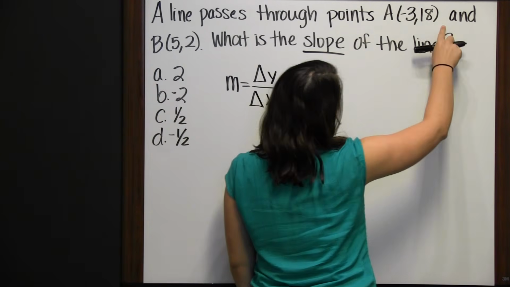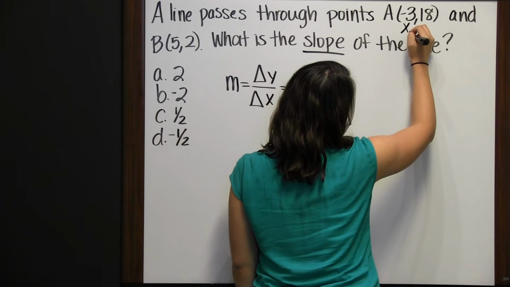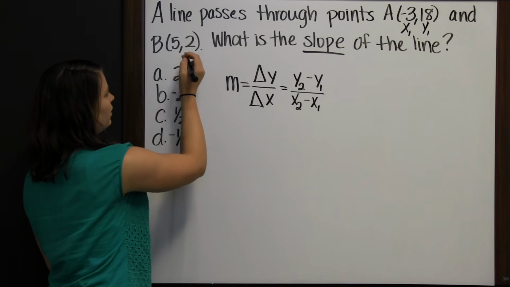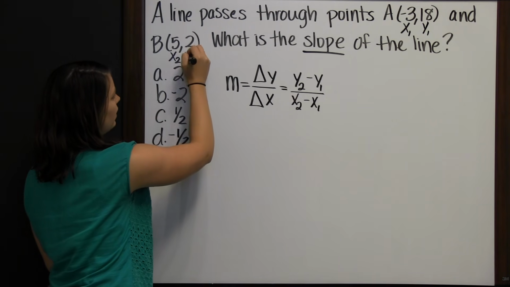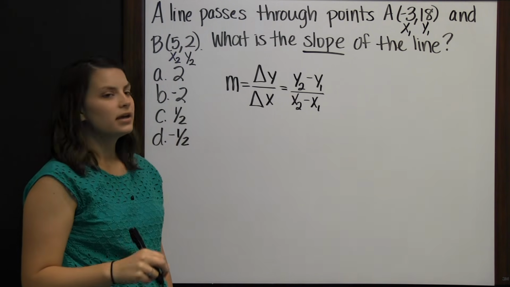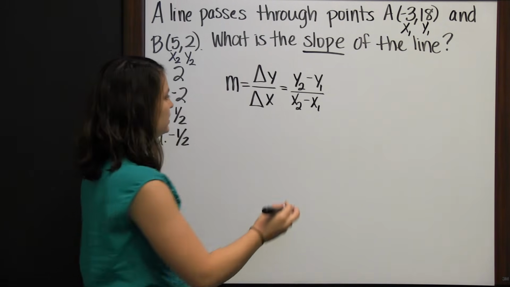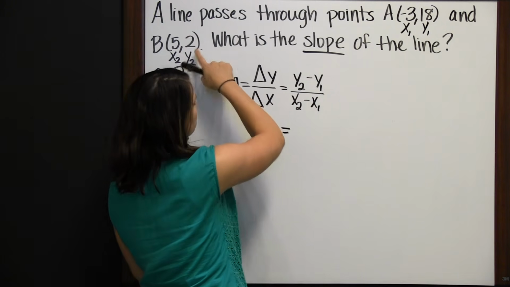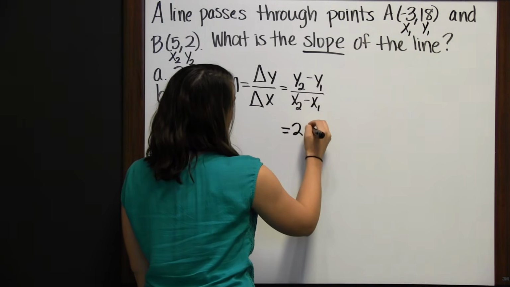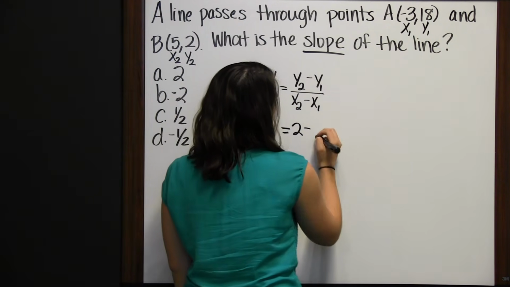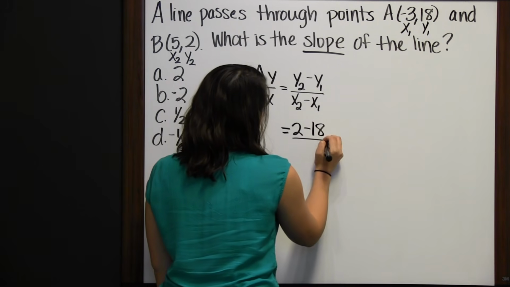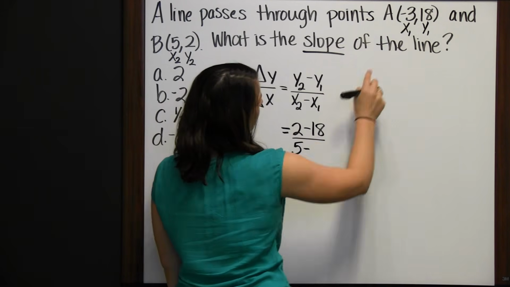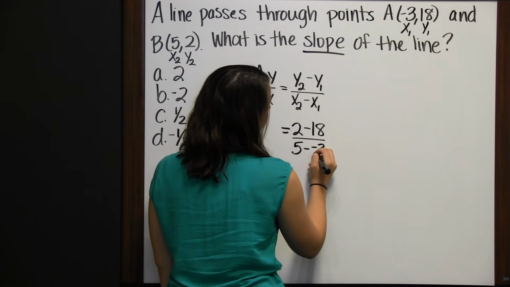So this first point would be our first x and our first y. And then our second point here, B, would be our second x and our second y. And now that we've labeled, we just need to substitute. y2 is 2 minus y1 is 18, divided by x2 is 5 minus x1 is negative 3.